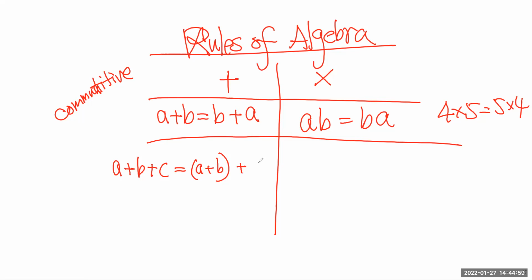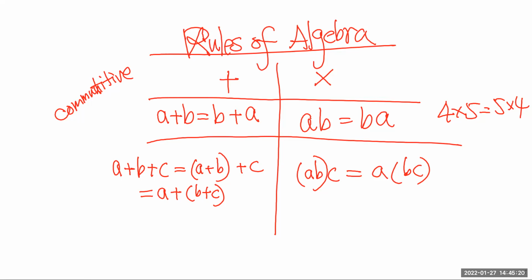You could have A plus B first, then plus C, or you could have B plus C first, then add A. And also when you have 3 numbers, you could have A times B, then times C, or you could have B times C, then times A. So this is called the associative property.